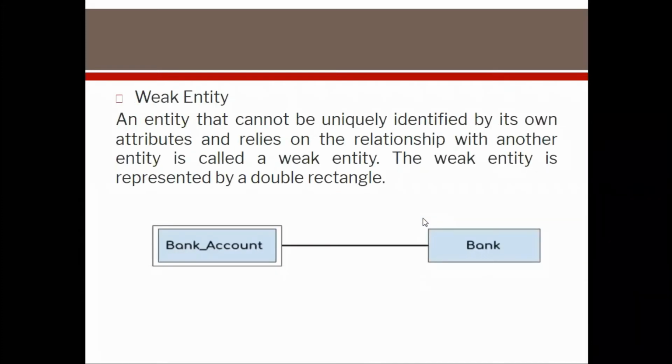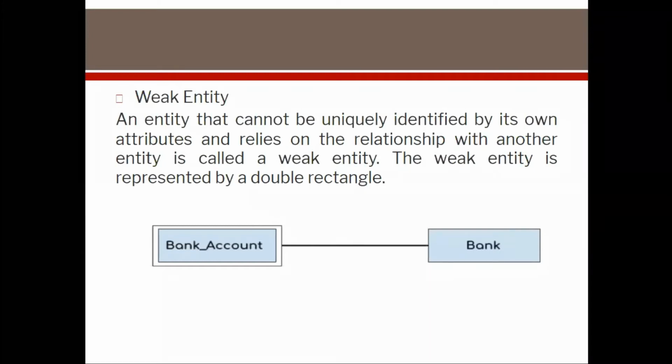Now let's complete the entity part first and then we will move on to the cardinality. Okay, so there's a type of entity known as a weak entity, and it is denoted by two rectangles because it's weak. What does it mean? What do you mean by a weak entity in a particular ER diagram?